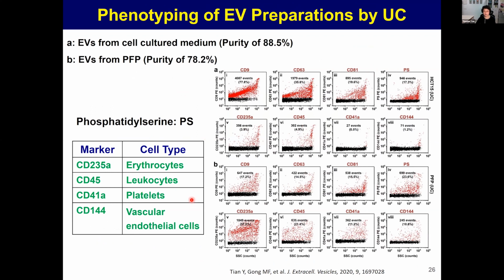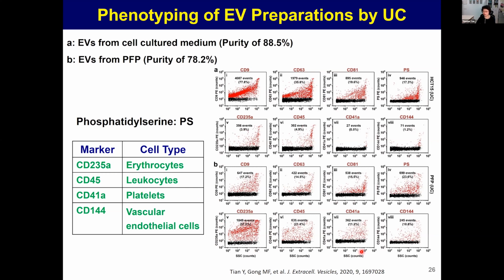For the EVs isolated from cell culture supernatant, EVs expressing those cell-type-specific markers are quite low. But for the EVs isolated from plasma, particularly CD235A, a marker for erythrocytes, the percentage was around 60%. This can be attributed to the abundant presence of erythrocytes in the blood.